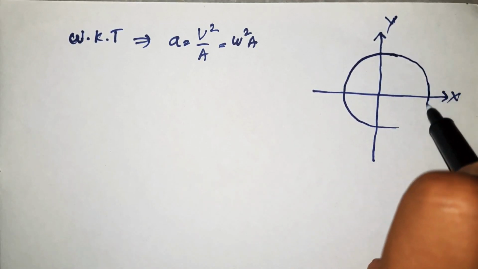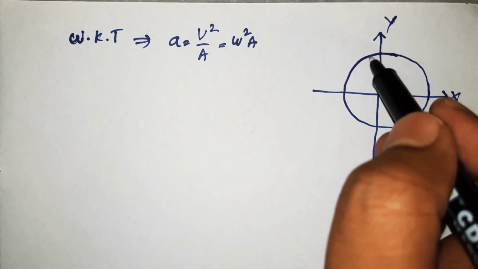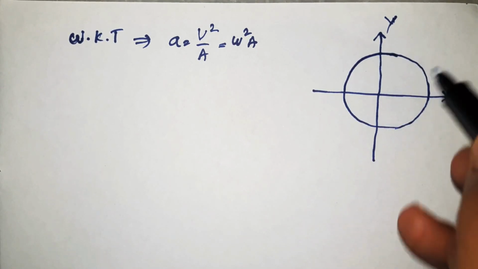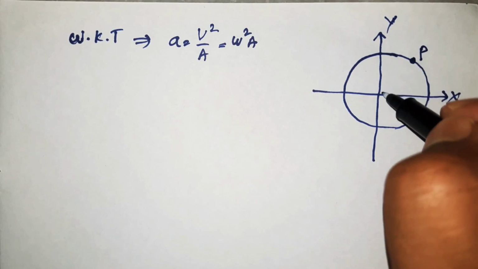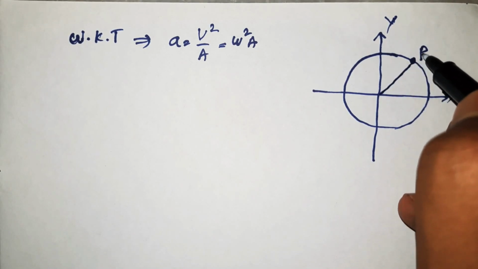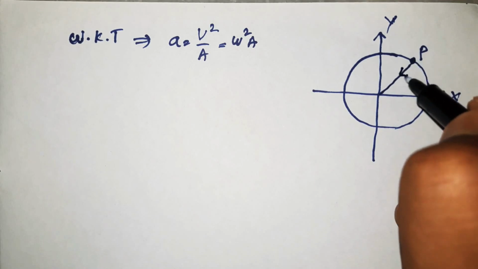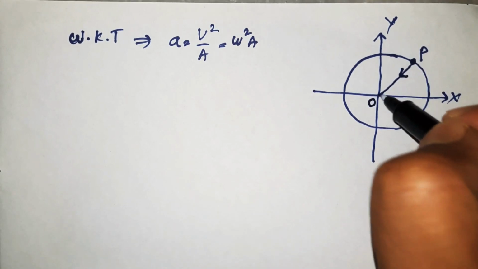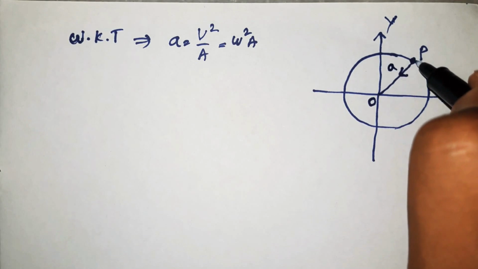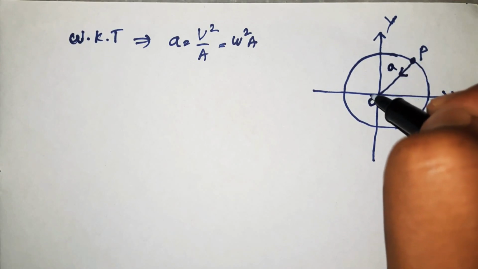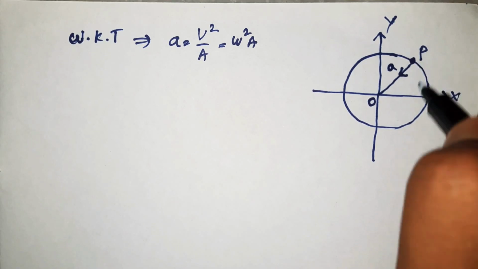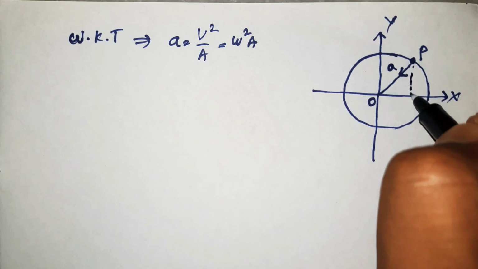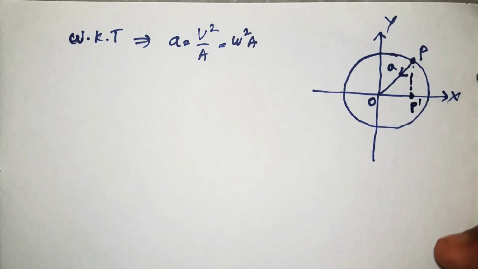The particle moves on the circumference of a circle. So here, particle P, what about its acceleration? The acceleration of the particle is always towards the center. The projection of particle P on the x-axis is here, it is P'.